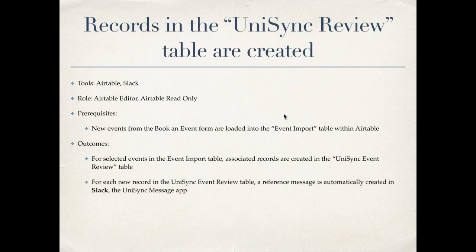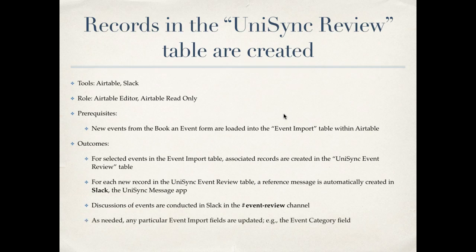For each new record in the Unisync event review table, a reference message is automatically created in Slack, the Unisync message app. Discussions of events are conducted in Slack in the event review channel.